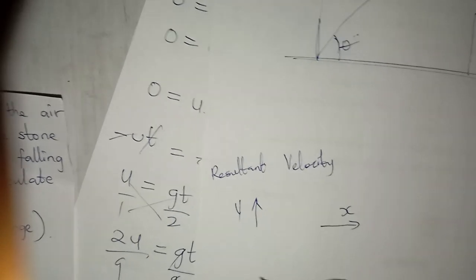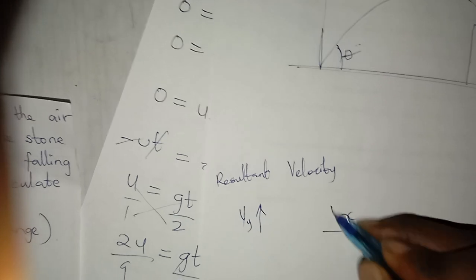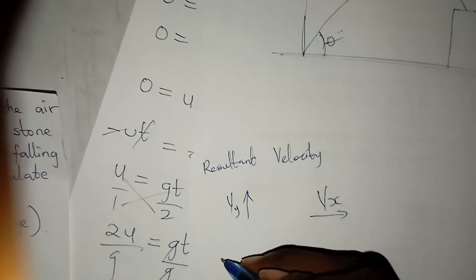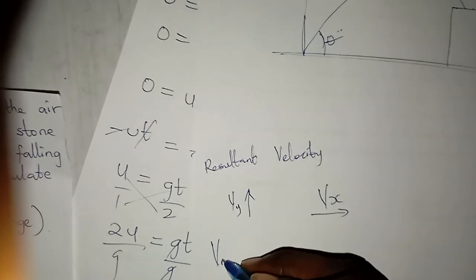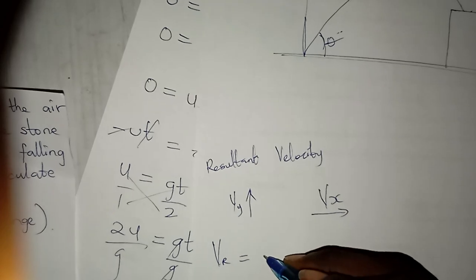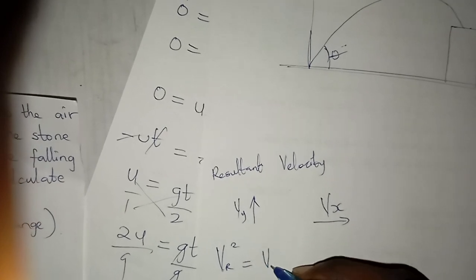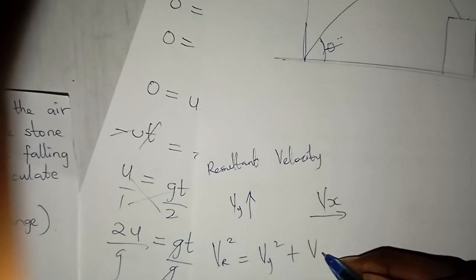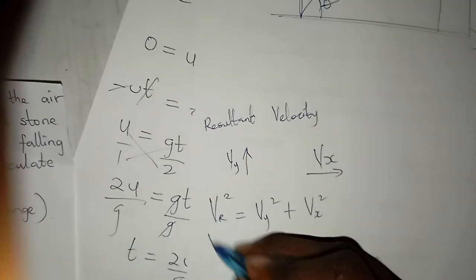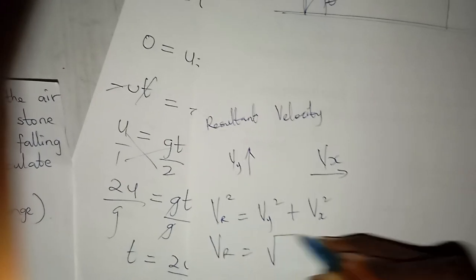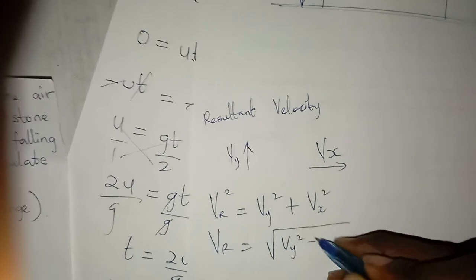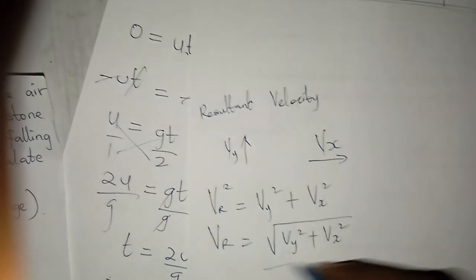When I find the two velocities, let's say Vy and Vx, the resultant velocity, let's say Vr, will simply be, using Pythagoras, Vr square equals Vy square plus Vx square. Making Vr the subject of the formula, I'll simply have the square root of Vy square plus Vx square.